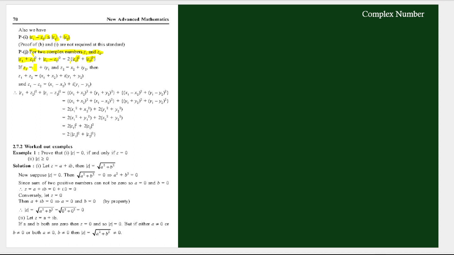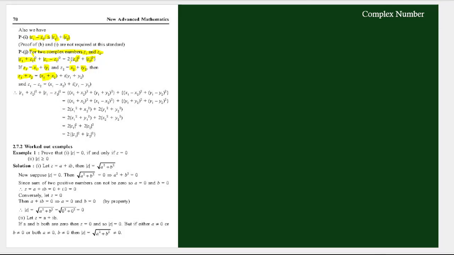Let z1 be x1 plus iy1 and z2 be x2 plus iy2. So z1 plus z2 will be... Let's make it shorter here.